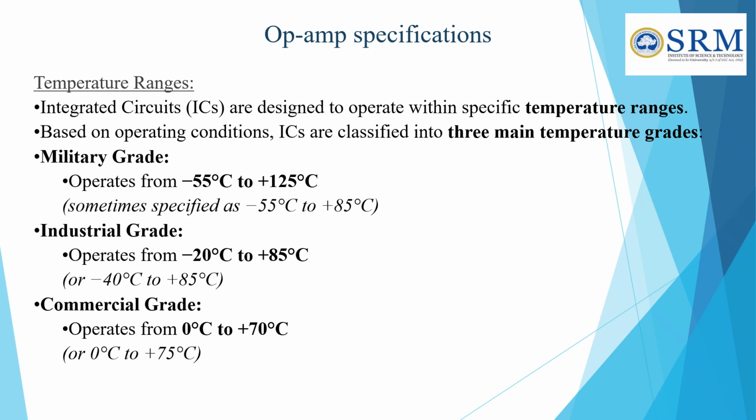Military grade ICs can withstand extreme conditions from very low to very high temperatures. Industrial grade ICs are used in environments like factories where conditions are moderate but still demanding. Commercial grade ICs are used in everyday devices like computers and consumer electronics. For most lab and classroom applications, we typically use commercial grade ICs.